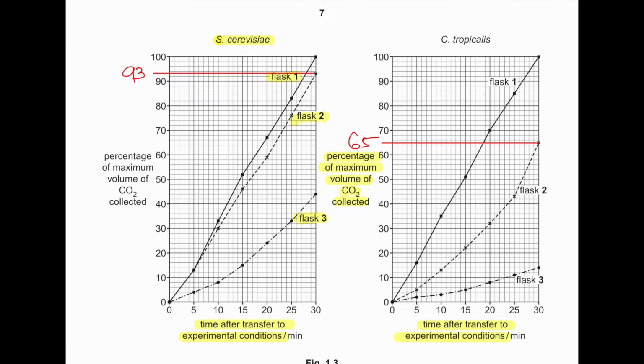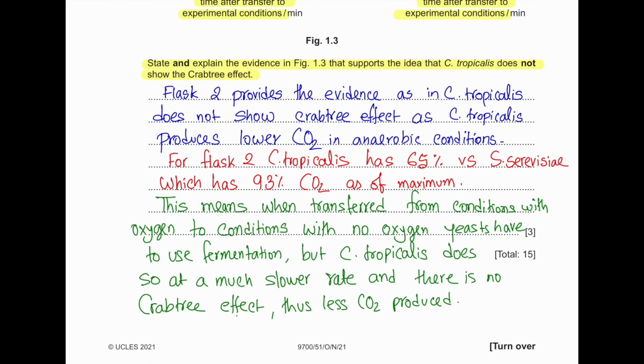That means it was doing anaerobic respiration from before, so whether we give oxygen or not doesn't necessarily matter for it. For flask 2, C. tropicalis has 65% versus S. cerevisiae which has 93% CO2 of the maximum. This means that when transferred from conditions with oxygen to conditions with no oxygen, yeast have to use fermentation, but C. tropicalis does so at a much slower rate, and there is no Crabtree effect, thus less CO2 is produced.